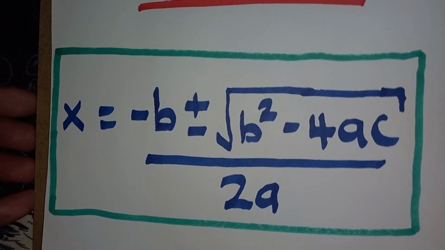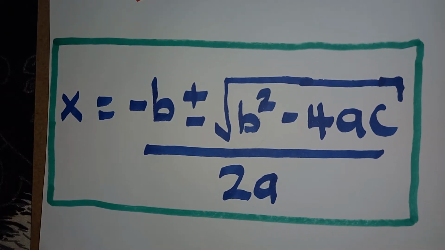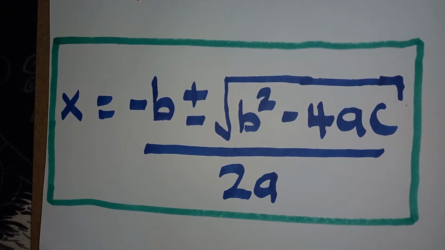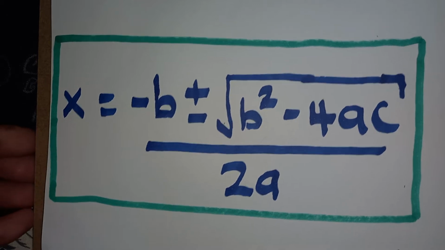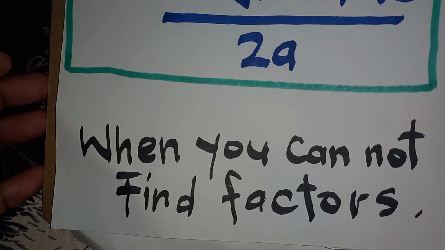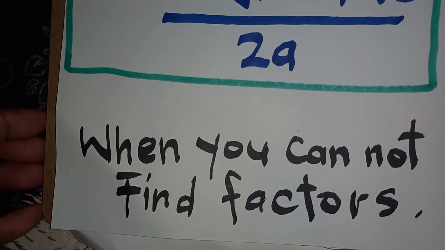Now, to begin, this is what the quadratic formula looks like. You have x is equal to minus b plus minus square root of b squared minus 4ac divided by 2a. So I have written here, when you cannot find factors, right?